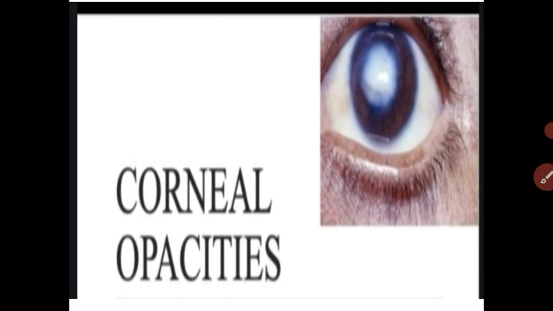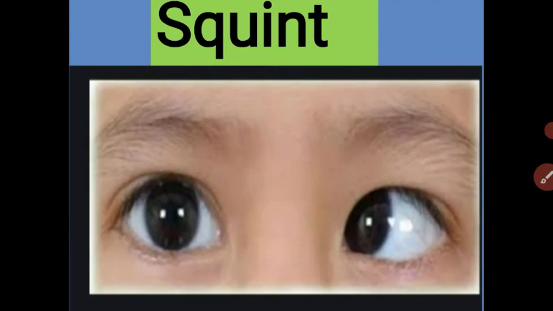If neglected, the person becomes blind. By transplanting, implanting a healthy cornea from a healthy person, we can correct corneal opacity. And squint, in two ways, cross eye and wide eyes. Both conditions may cause double vision, also called diplopia. Surgically, or with suitable exercise, we can correct this defect.